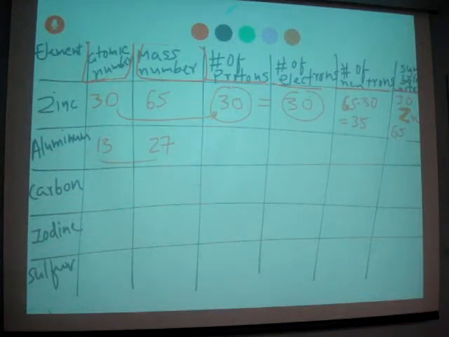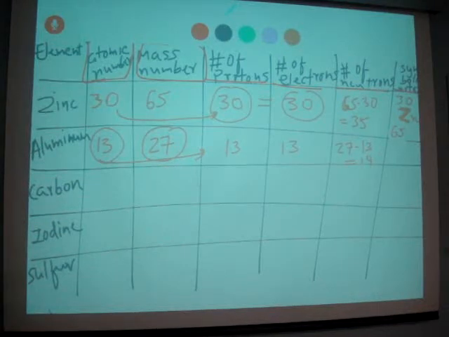Since it is 13, that gives you the number of protons, which is also 13. The number of protons equals the number of electrons, which is 13. And the number of neutrons is atomic mass minus atomic number, which is 27 minus 13, about 14.